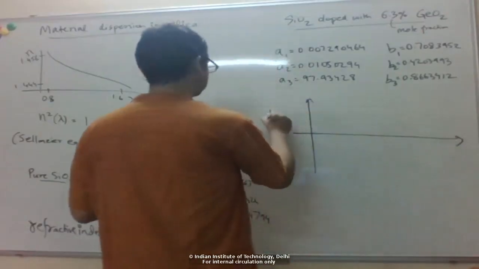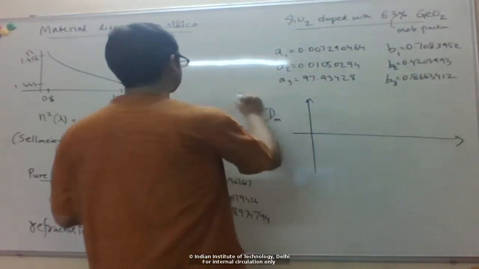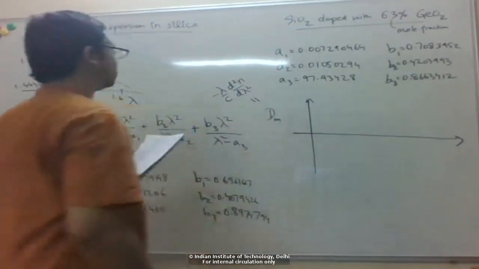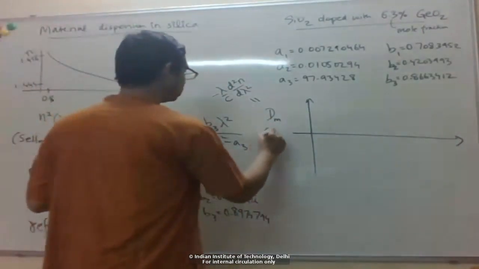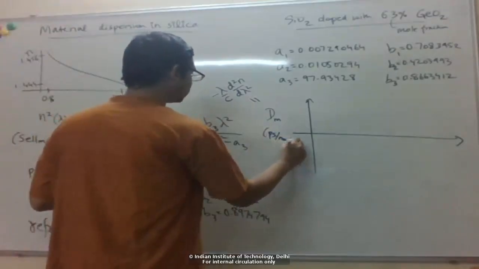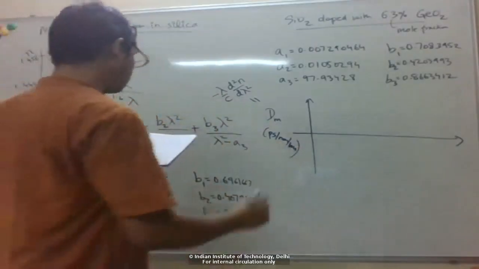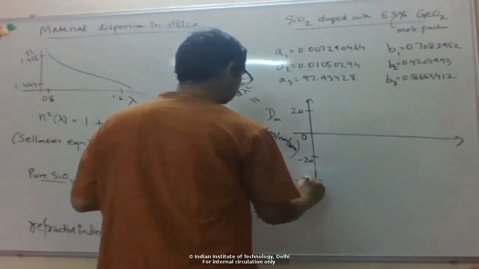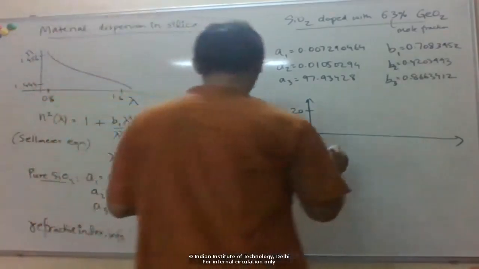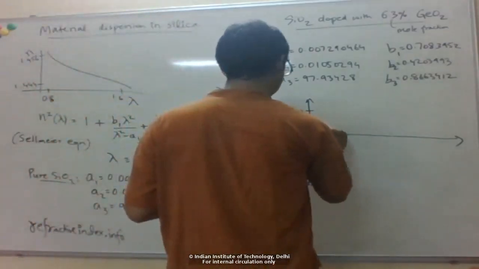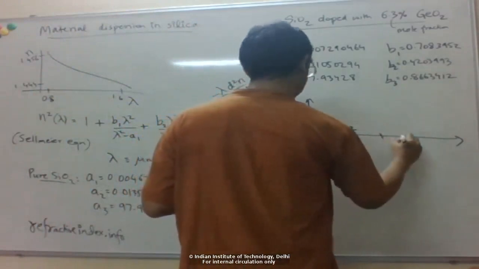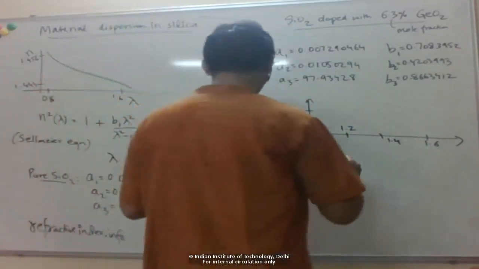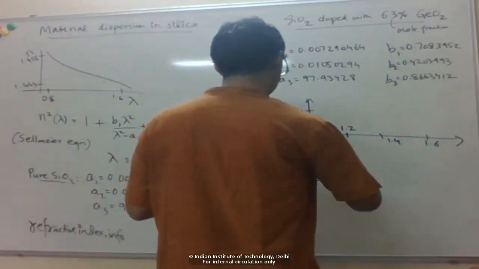So for example, if I now plot the material dispersion here, remember that was minus lambda over c times the second derivative of n with respect to lambda, in picoseconds per nanometer per kilometer. Recall for pure silica, the curve looks something like this.